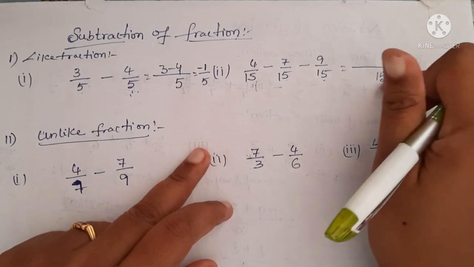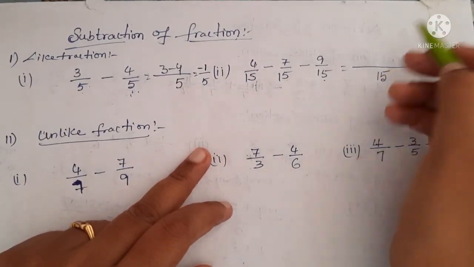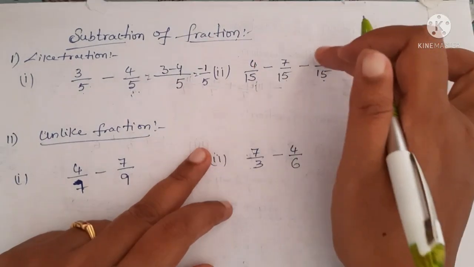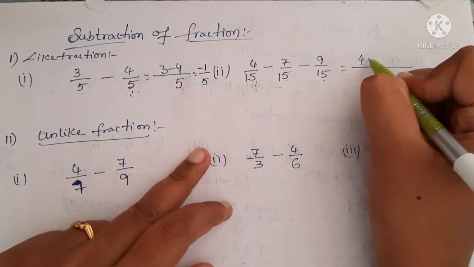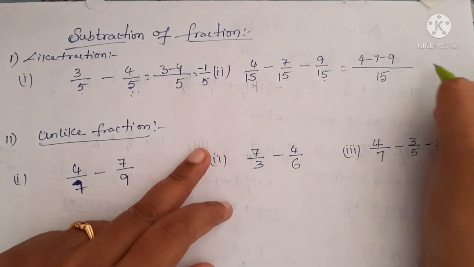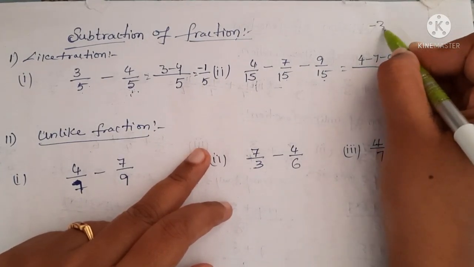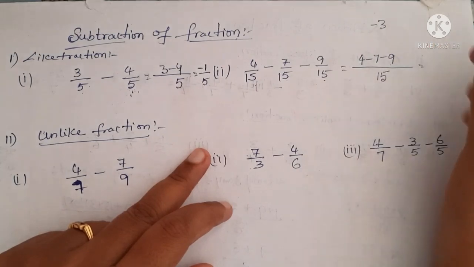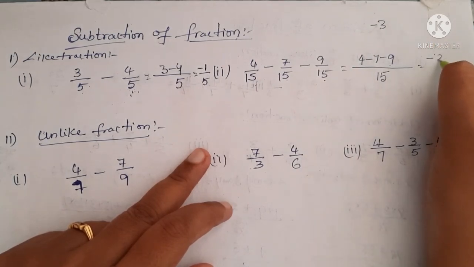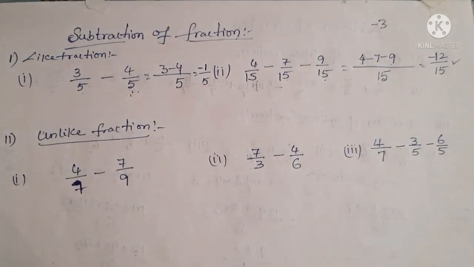So I will write it here 15. And now what about numerators? These numerators numbers, subtract them. 4 minus 7 minus 9. Okay, what is the 4 minus 7? You will get minus 3. What about minus 3 minus 9? You will get minus 12. Minus 12 by 15 is the answer.